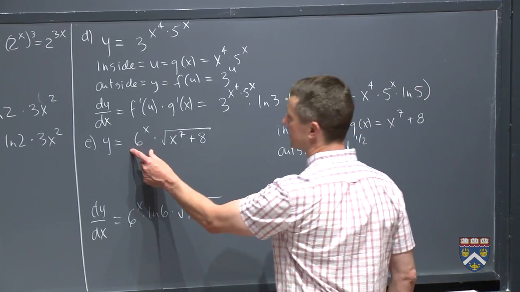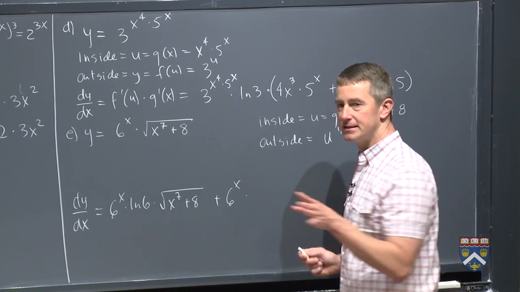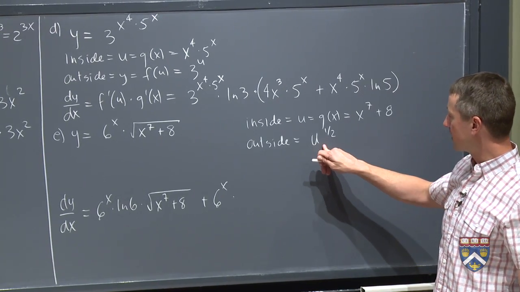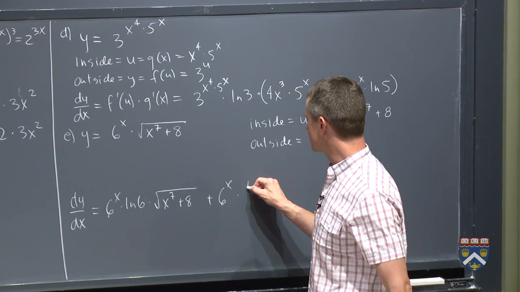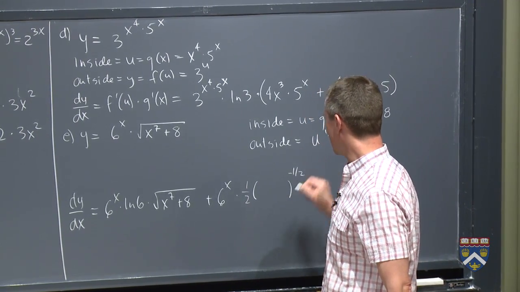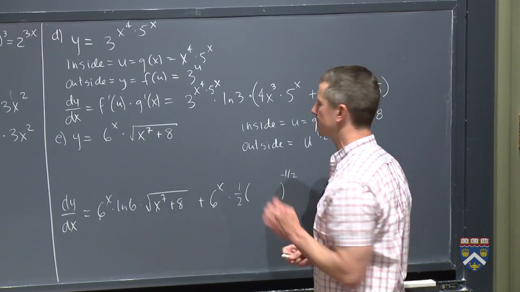Then the product rule says we leave this first piece alone, the 6 to the x, and now we take the derivative of this piece, and that's where the chain rule comes in. So we've got an outside function, u to the 1/2. The derivative of u to the 1/2 should be 1/2 u to the negative 1/2. And the u is our inside function, right? The x to the 7th plus 8.